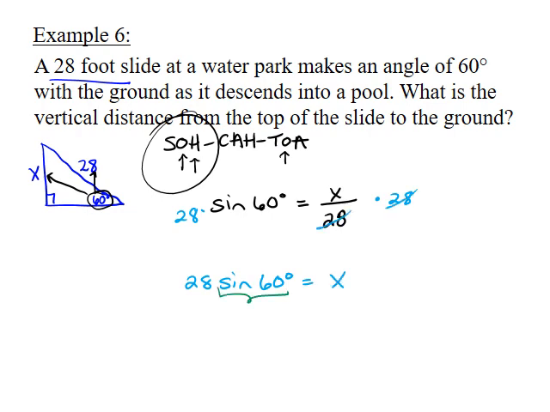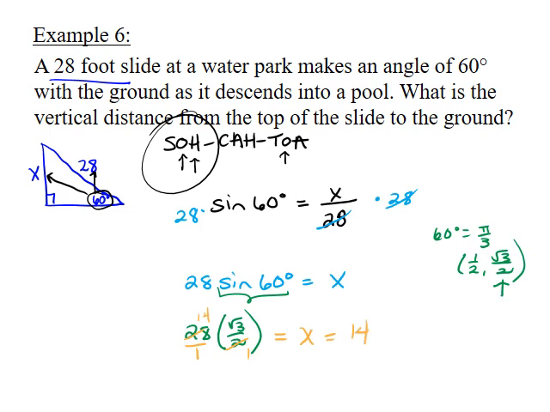Well, 60 degrees is one of our special angles. 60 degrees is equivalent to pi over 3, which has the corresponding ordered pair 1/2, root 3 over 2, which means sine of 60 degrees is root 3 over 2. 2 goes into 28 14 times, so x is equal to 14 root 3.